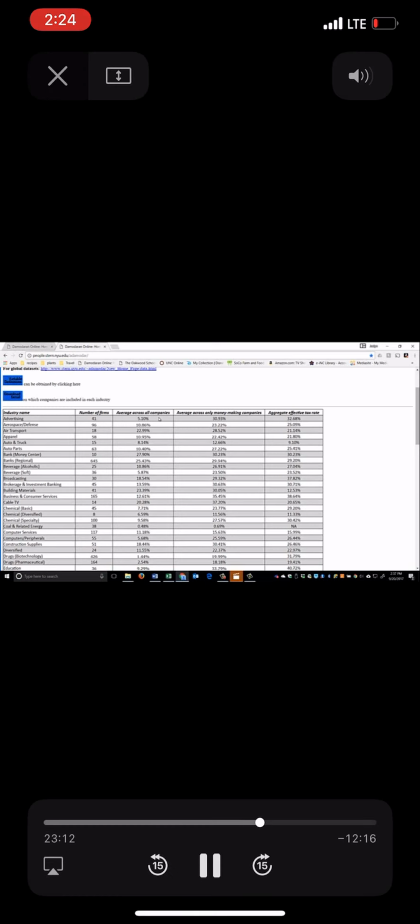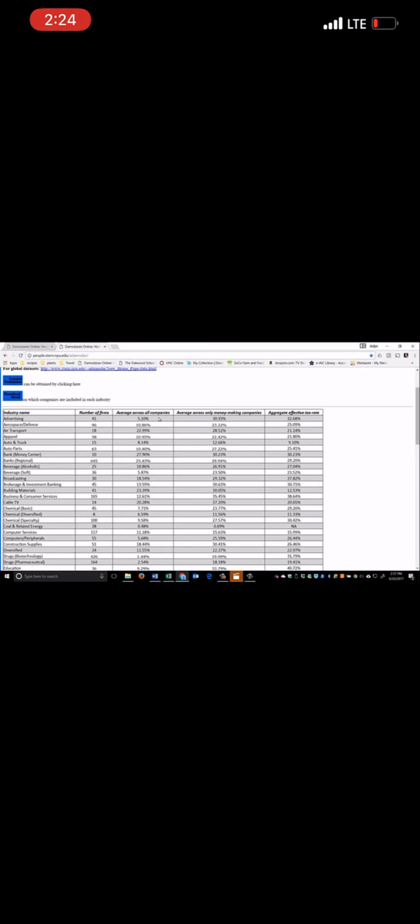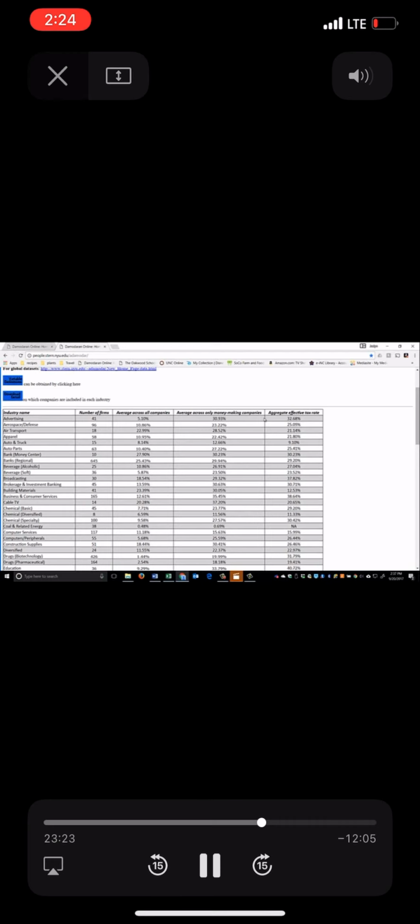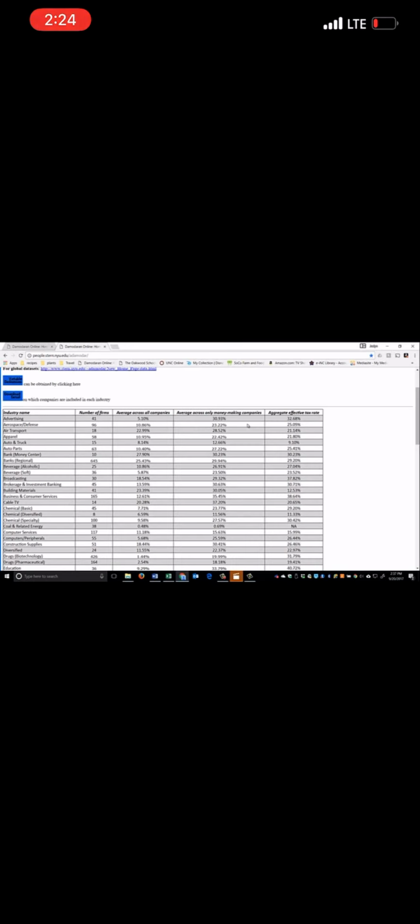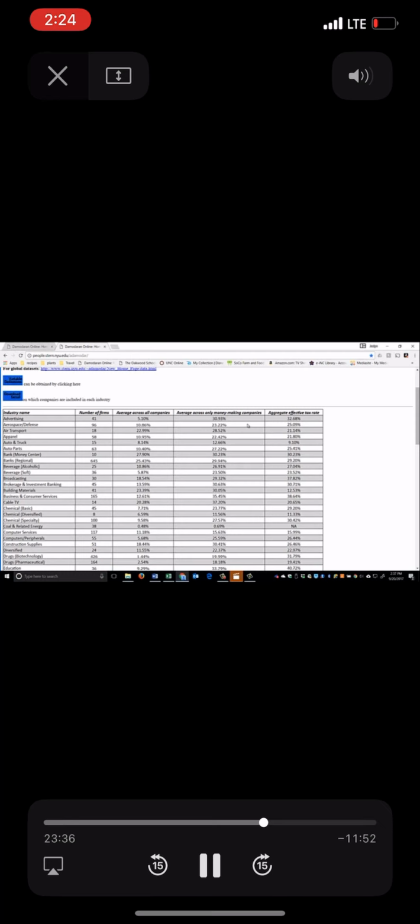This makes sense to use this one, right, if you've had losses, because you will be able to carry those losses forward, and that will lower your tax rate somewhat in the future. If you have no losses over the past 5 years, you can really choose one or the other. I believe we have talked about the difference between aggregate effective tax rates and average tax rates.